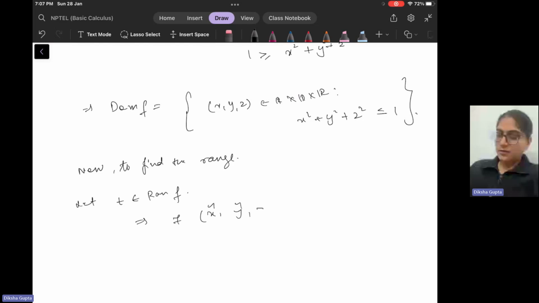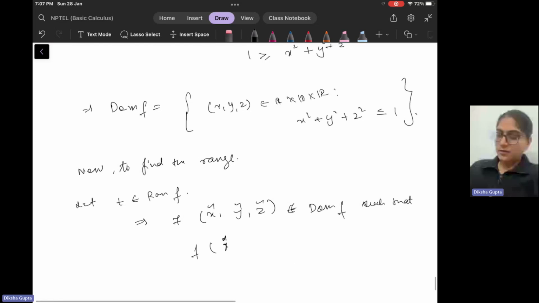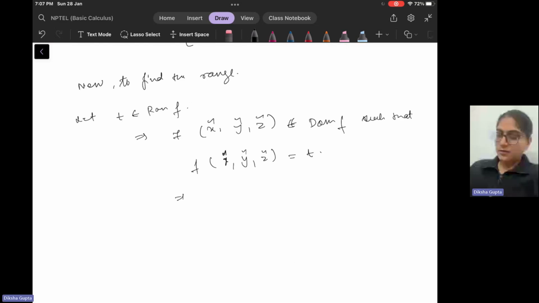Implies there exists (x tilde, y tilde, z tilde) belonging to the domain of f, meaning that T has a pre-image, such that f(x tilde, y tilde, z tilde) is T. Right, now we put the value of f: the square root of 1 minus x tilde square minus y tilde square minus z tilde square is equal to T, implies 1 minus T square is x tilde square plus y tilde square plus z tilde square.